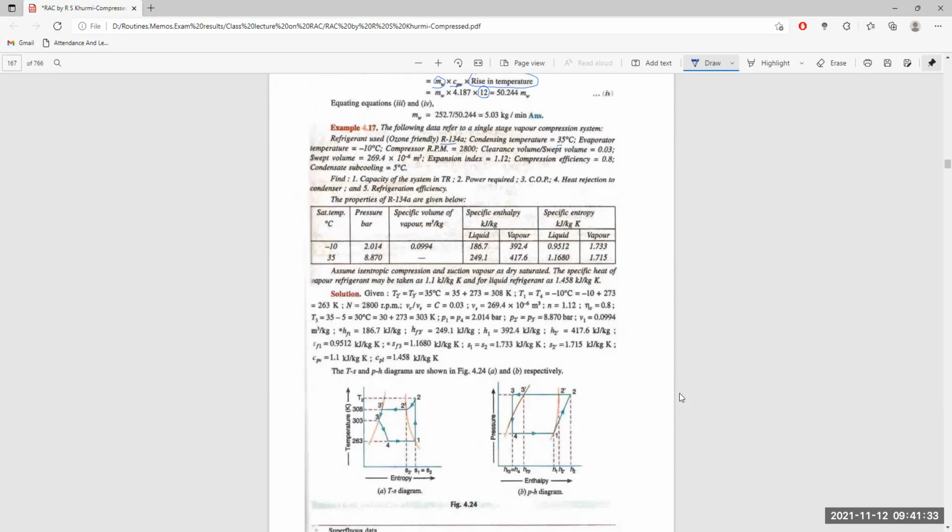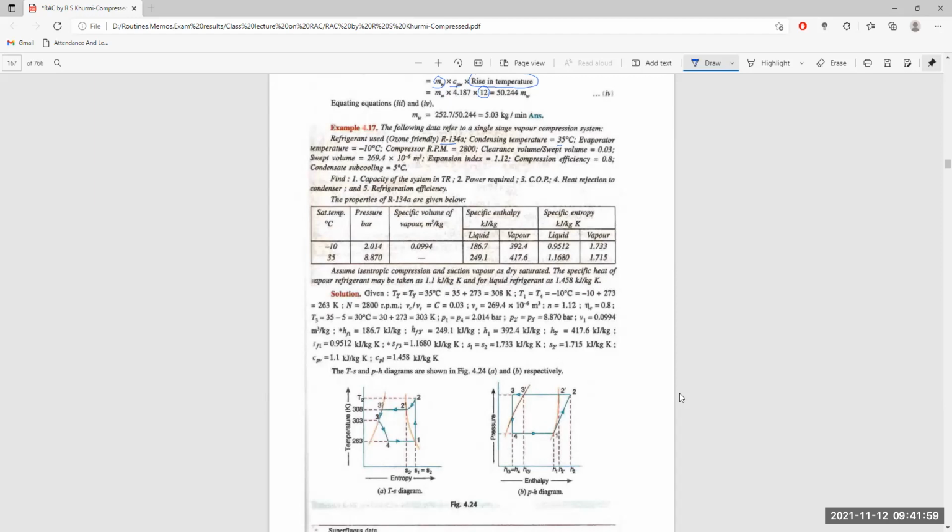First of all, there is another thing: isentropic compression and suction vapor is dry saturated. I assume isentropic compression and suction vapor as dry saturated, and specific heat of vapor refrigerant as 1.1 kilojoule, and that for liquid refrigerant is 1.48 kilojoule per kg. So these are the formal parameters given.